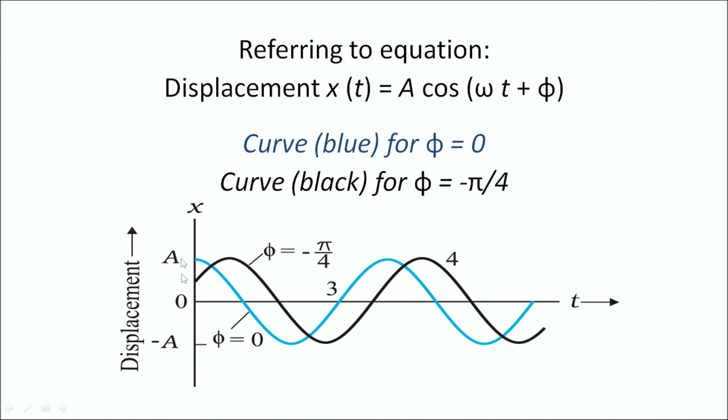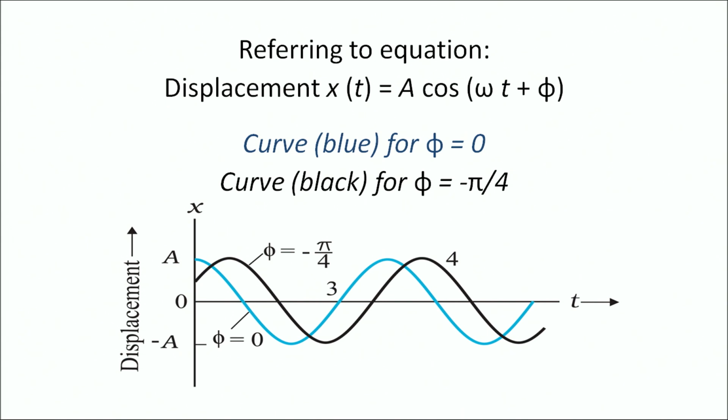If we try to understand the concept of phase using this graph, then referring to the equation of displacement, which is x equal to a cos(omega t plus phi), there are two curves, the blue one and the black one. The blue one is actually a sine curve.